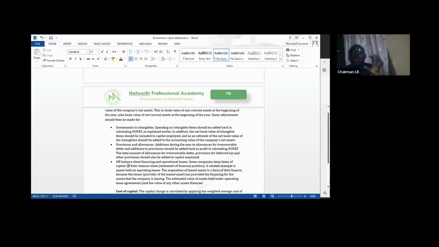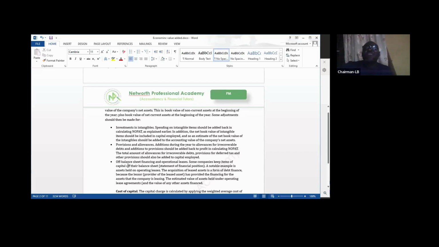When you get to your capital employed adjustment, you want to determine the capital the company has employed in the business. Bearing in mind, I need to remove accounting assumptions, all provisions and allowances are accounting assumptions.